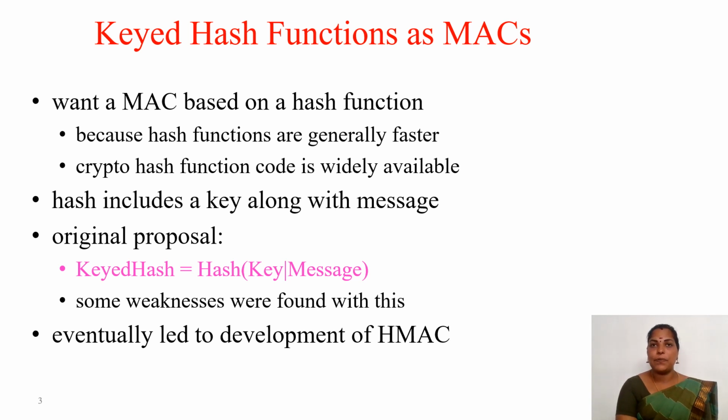But the difference with the hash function and encryption, as well as the message authentication code, is this. In the message authentication code, we apply a function to the message as well as the key and we get an output of some fixed size value. In encryption also we apply a message with the key.